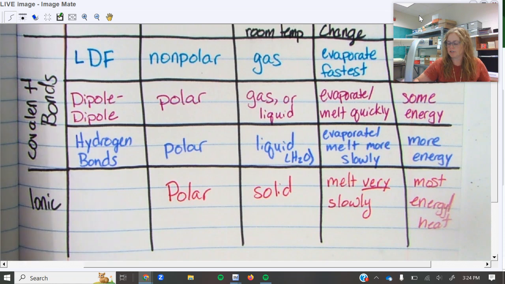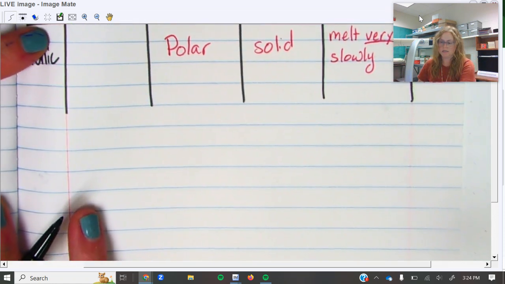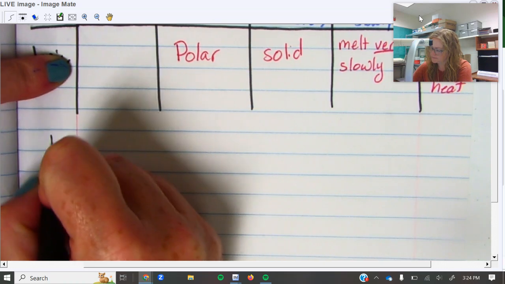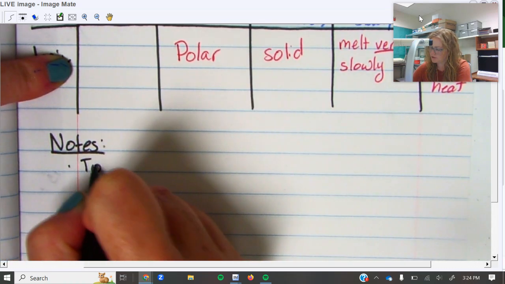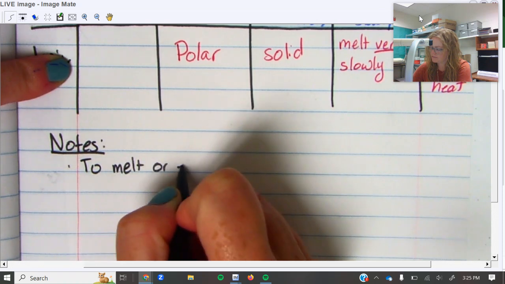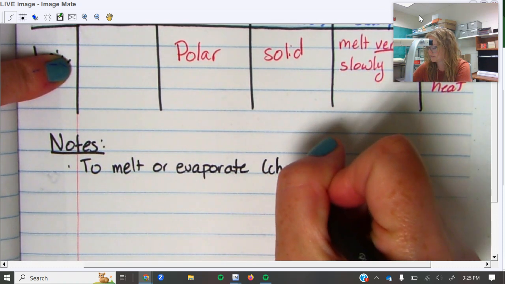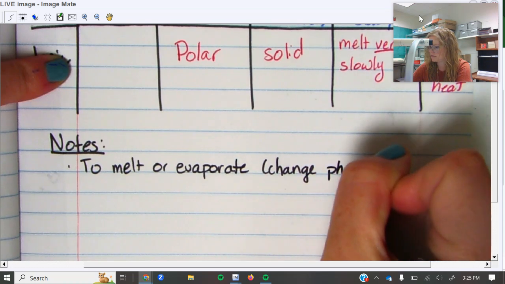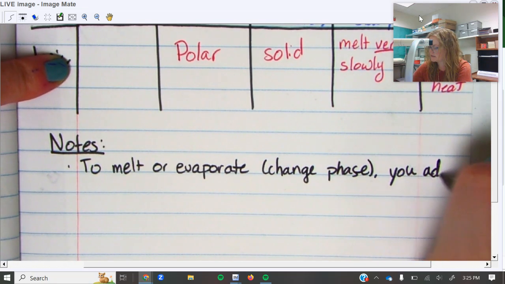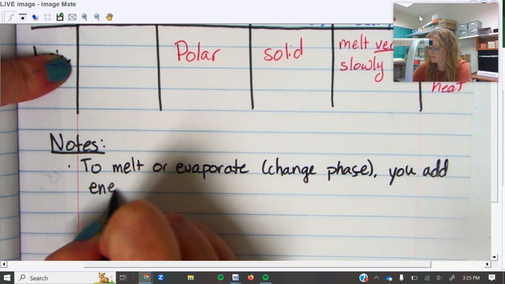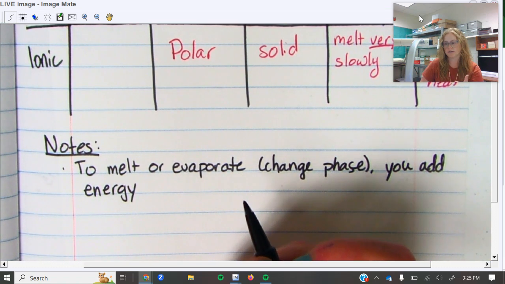A few quick additional notes, and then we are done for today. Some notes here. To melt or evaporate, which means change phase, you add energy. That makes sense. If you're trying to melt ice, you need it to get warmer. Warmth is energy.